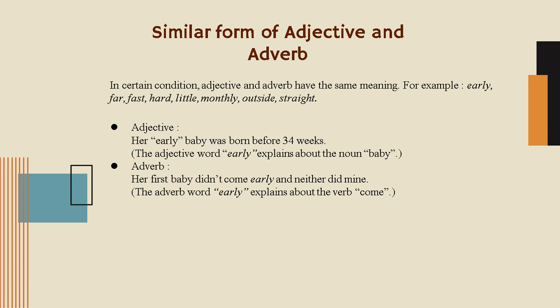Here, the adjective early explains the noun, that is baby. And then for the adverb form, her first baby didn't come early and neither did mine. Here, the adverb early explains the verb, that is to come.